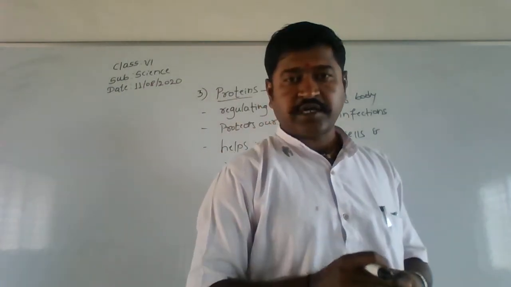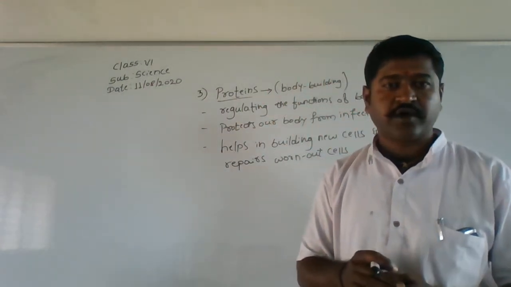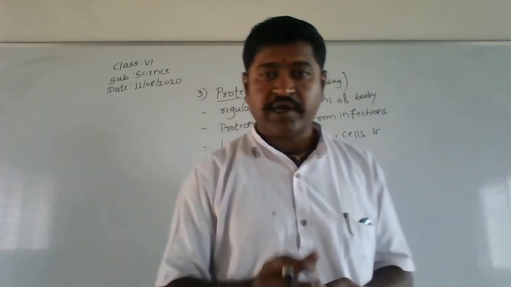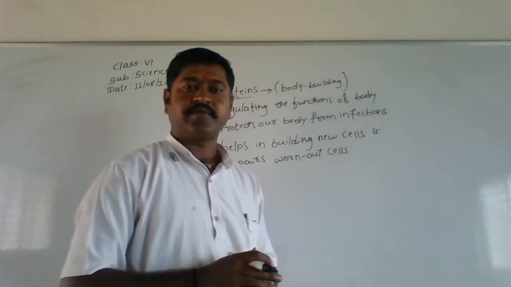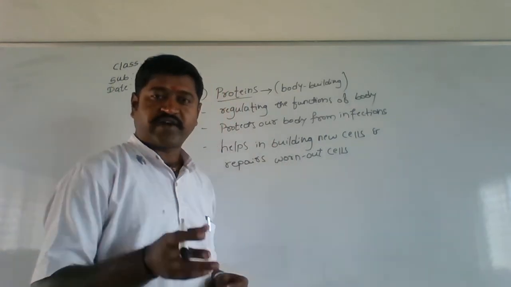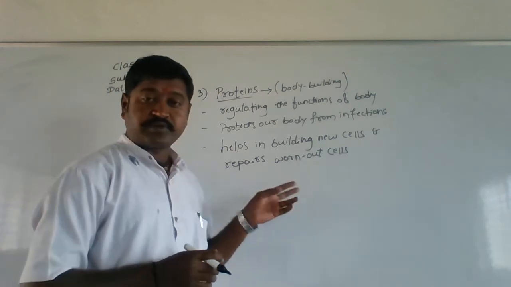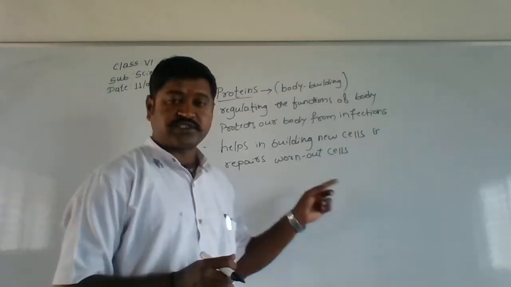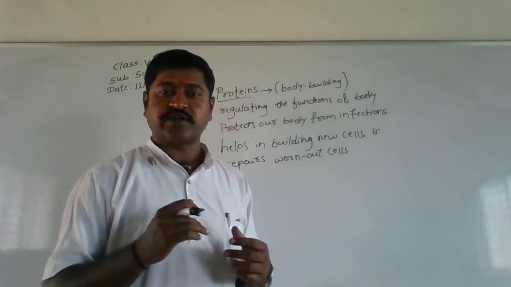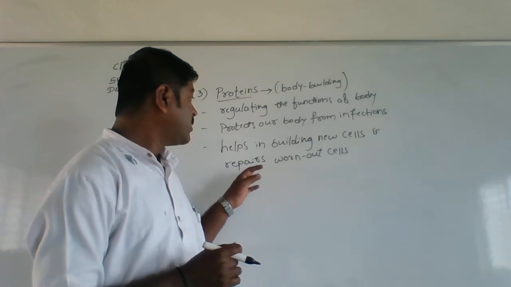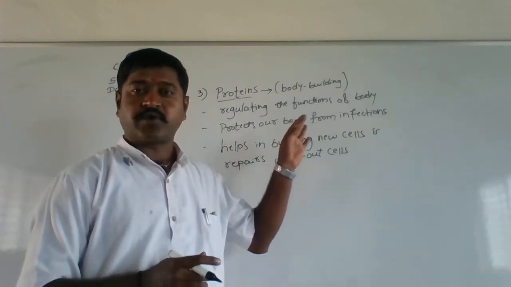The foods which contain proteins are said to be bodybuilding foods. What is protein doing? It is regulating the function of the body. Then it is protecting our body from infection, and it helps in building new cells in the body and also repairs the worn out cells, the wear and tear. Due to too much use, there will be wear and tear of the cells. That is also repaired by these proteins.